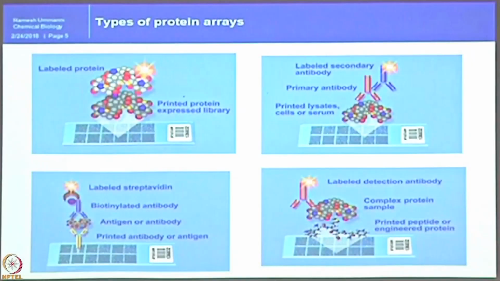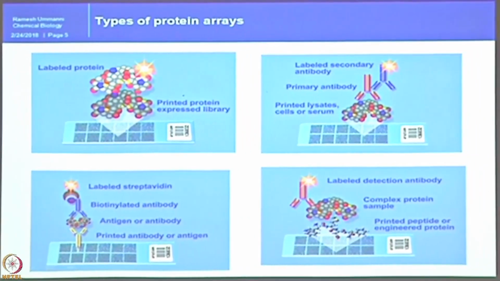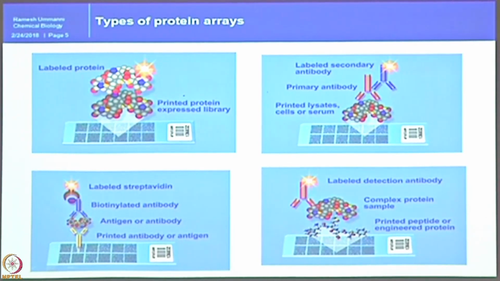If you look at this nice cartoon, there are different types of arrays. In the first cartoon, you can see a glass slide with a barcode, printed with protein expression libraries. If you add a pre-labeled protein to the glass slide, and the proteins printed on the slide have interacting partners in the lysate, they will attract and immobilize them.